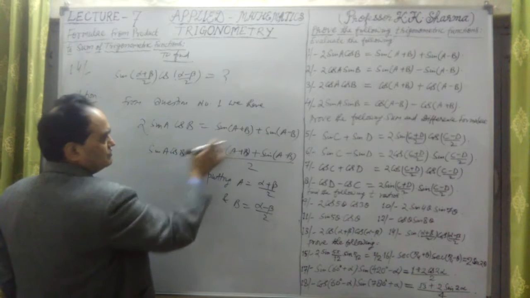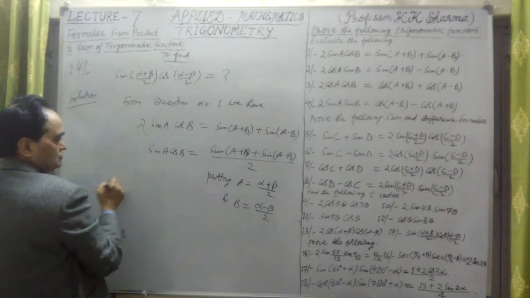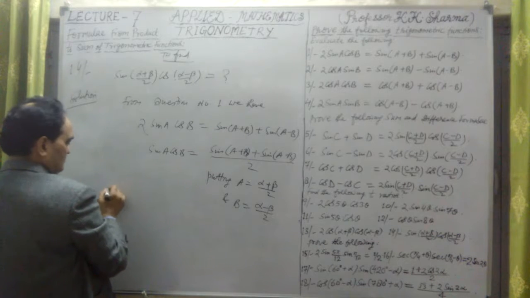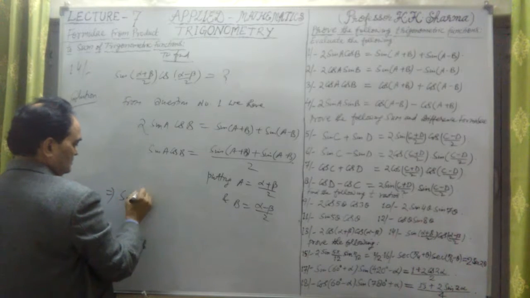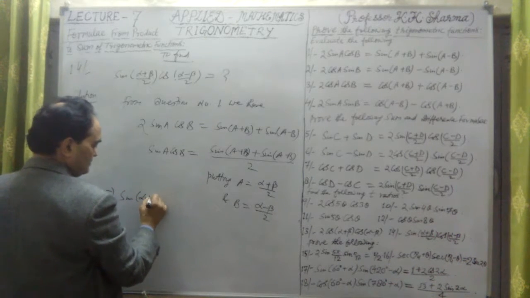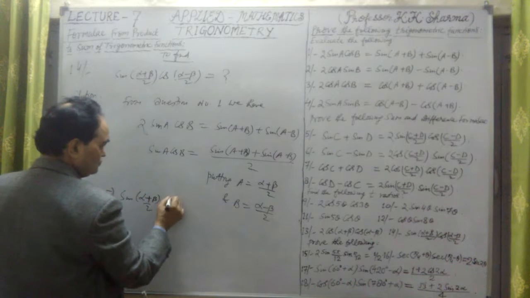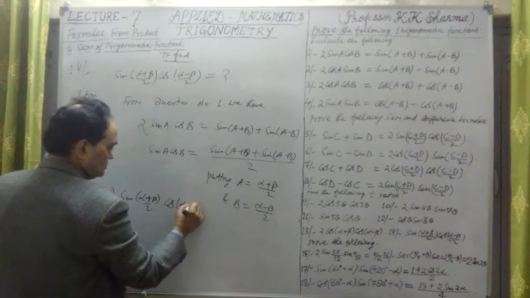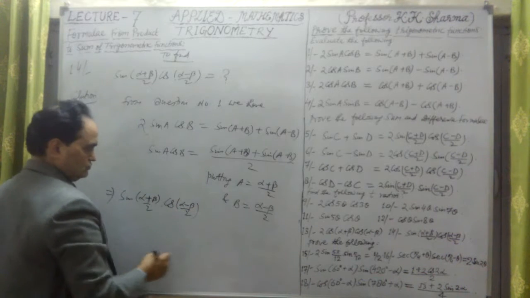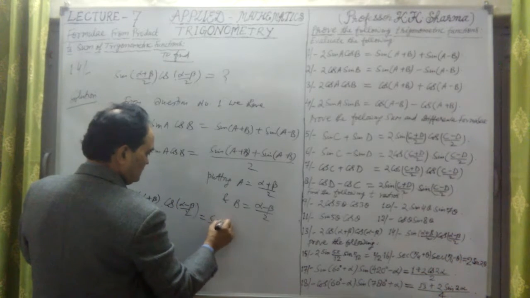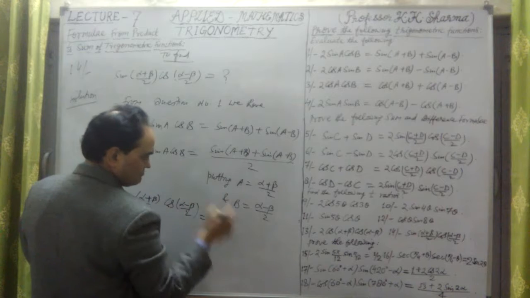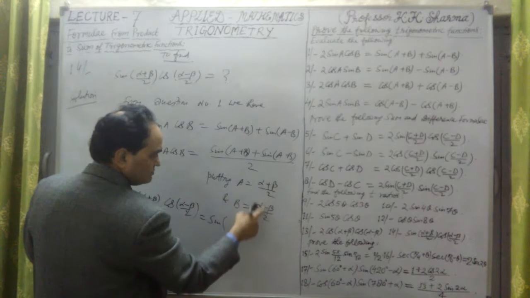Just put directly that. Therefore, sine A cos B implies sine of alpha plus beta upon 2 into cos of alpha minus beta upon 2 is equal to sine A plus B. A plus B means the sum of these two.